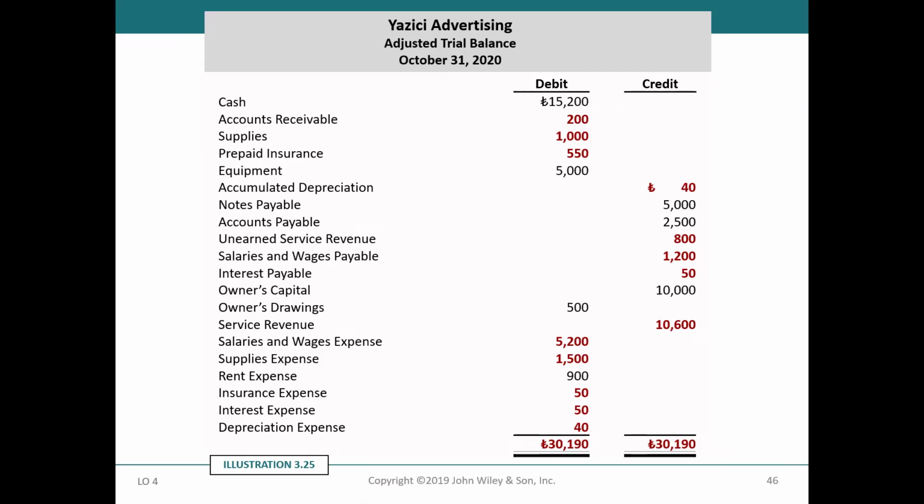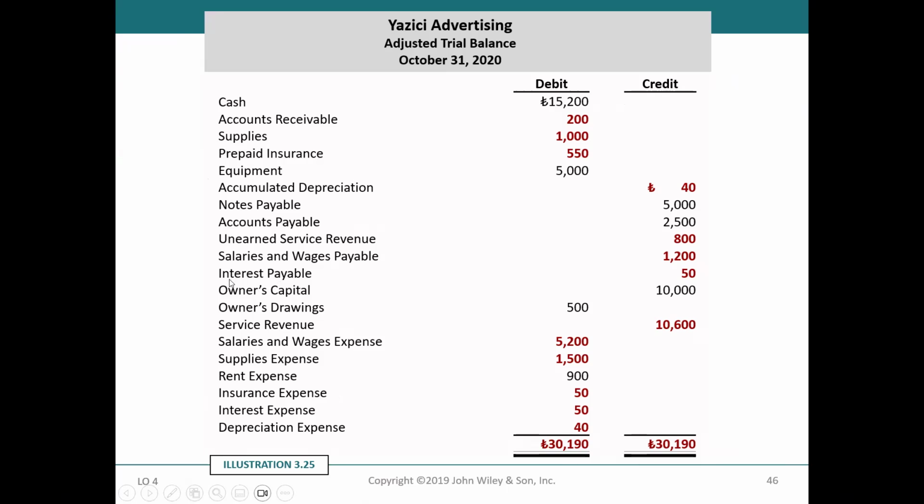So this is how your adjusted trial balance looks like. So we have asset accounts like cash, accounts receivable, supplies, prepaid insurance, equipment, accumulated depreciation. Now, accumulated depreciation, remember, is a contra assets account. And then we have liability accounts: notes payable, accounts payable, unearned service revenue, salary and wages payable, interest payable. These are all your liabilities.